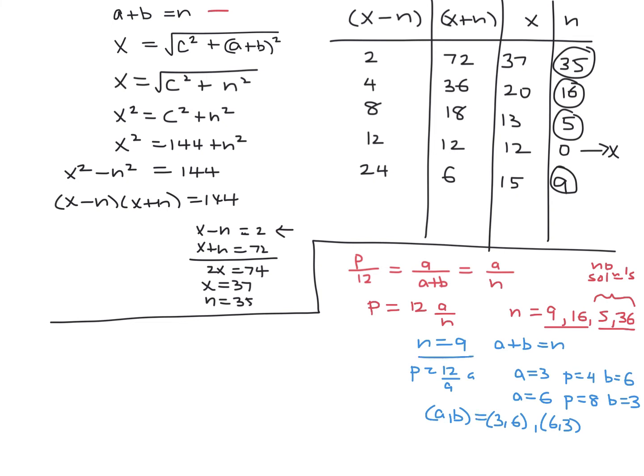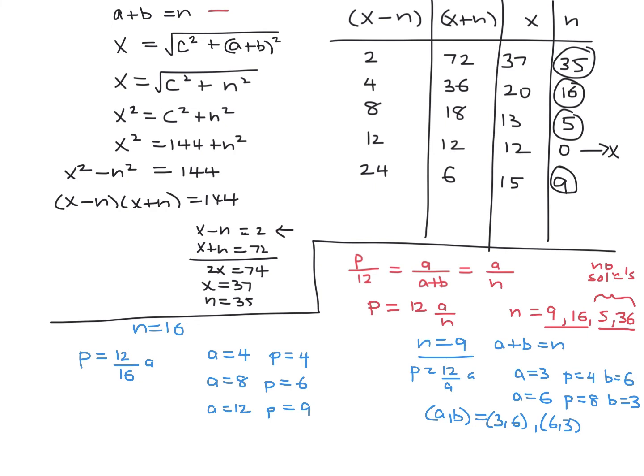And then I'll do the last one, which is N equals 16. If N equals 16, then using that formula, we have P is equal to 12 over 16 A. And then the values of A that would be integers are A equals 4, A equals 8, and A equals 12. The corresponding values of P would be 4, 6, and 9.